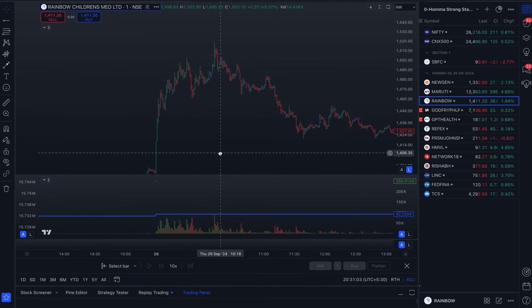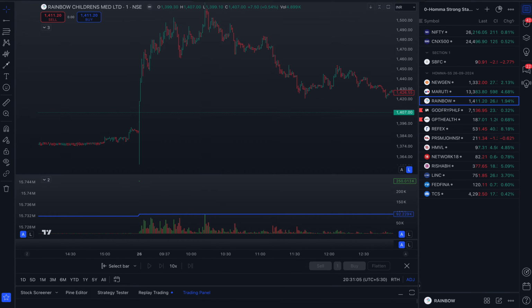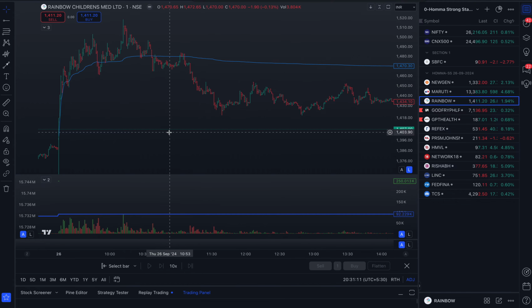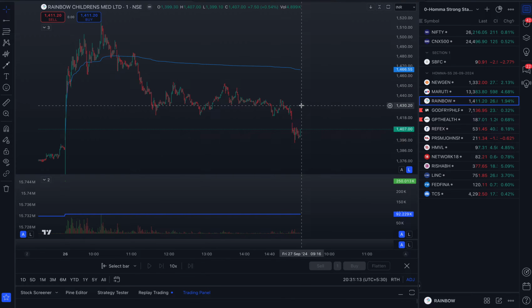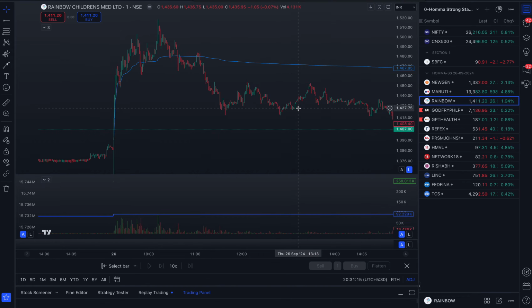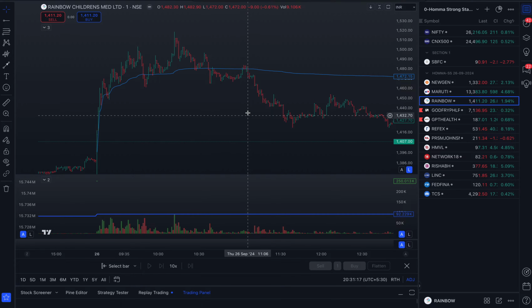Once the price falls below the AVWAP on an intraday time frame, for example how it did here, the price is below the AVWAP on a daily, the price is bearish.